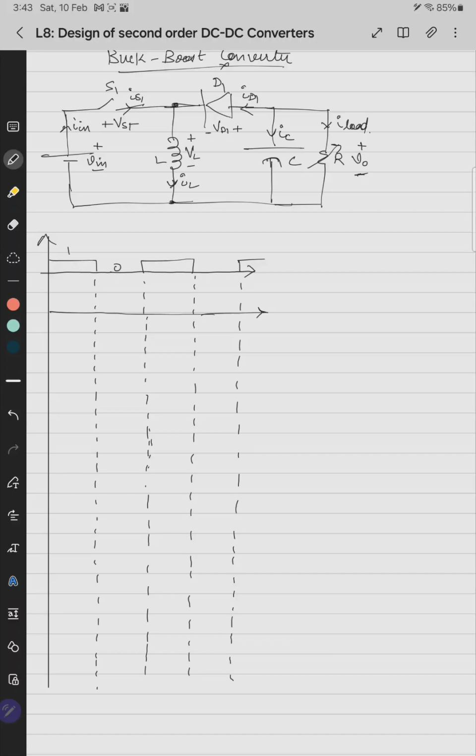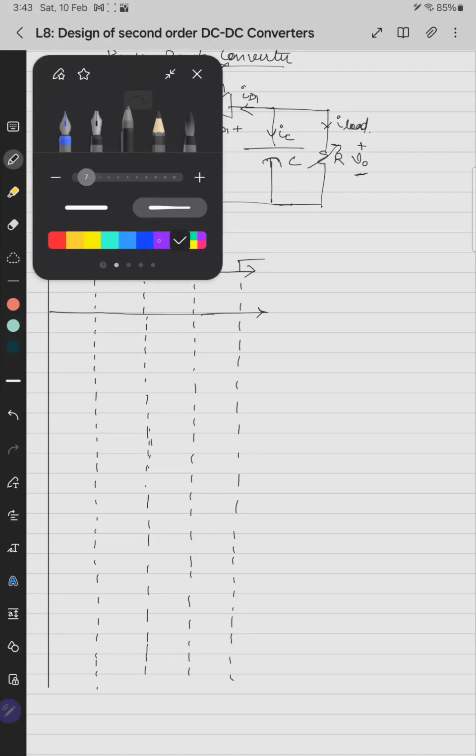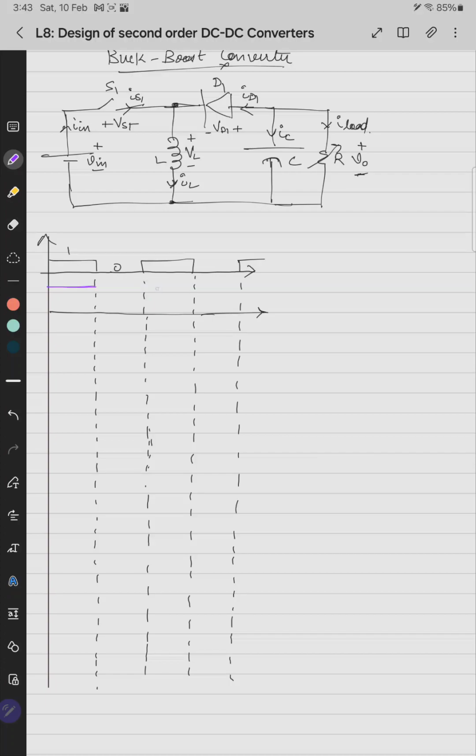So the voltage across the inductor will be Vin. When the switch is off, the inductor will force the diode to turn on. In that case, the voltage across the inductor is plus V0.